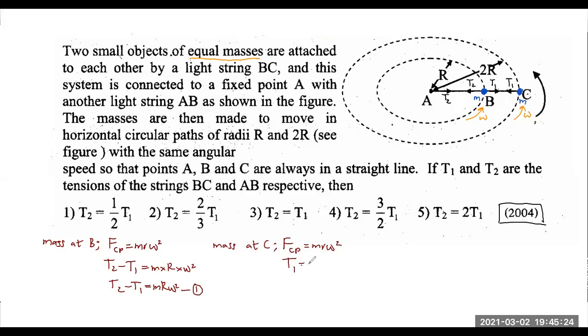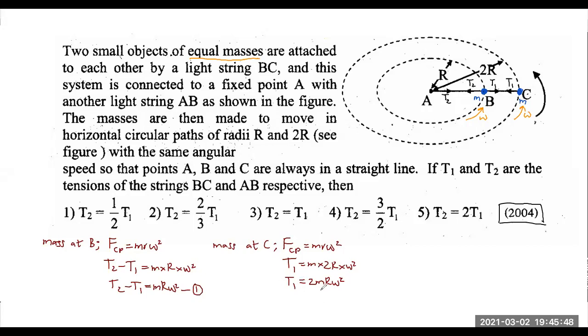T1 is going to be equal to M into, now you have to be careful, for object at C, radius is 2R. It is in the outer circle, so you have to put 2R here. 2R into omega square, and finally T1 is going to be equal to 2mr omega square.